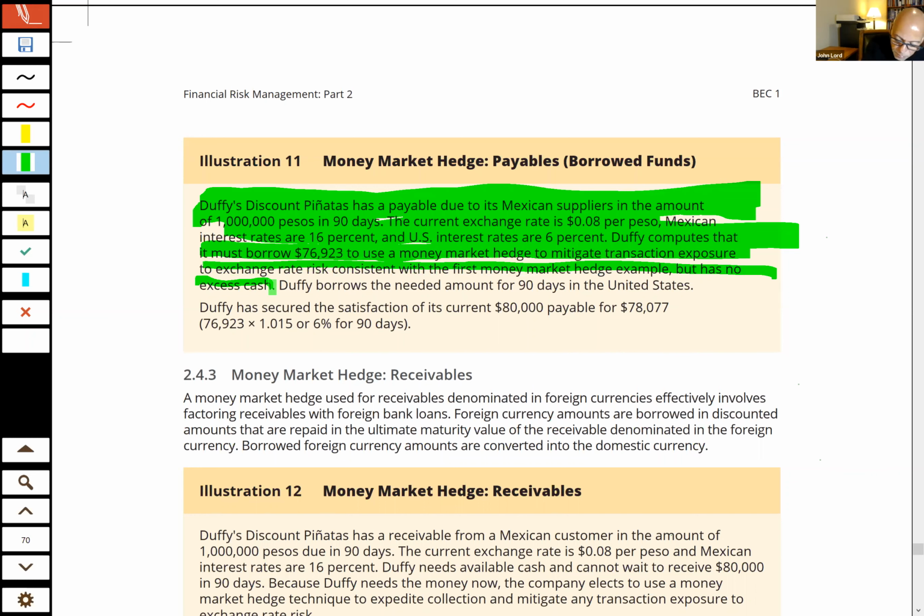Okay, so Duffy borrows the needed amount for 90 days in the United States. So what happens? We're going to look at this and say, well, look, I'm going to have to borrow 76,923.